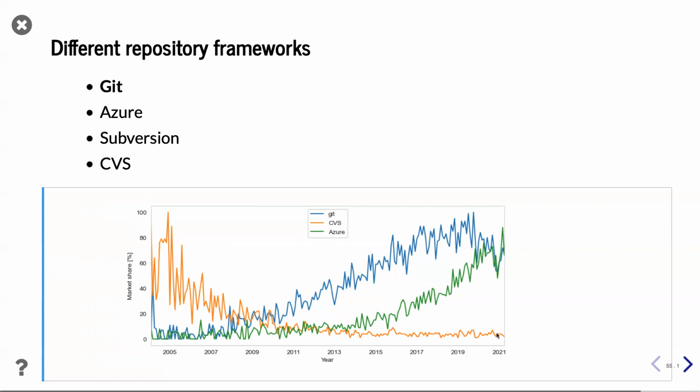And Git, with the open source development, is increasing a lot. Microsoft has increased very much over the recent years. The reason is probably because of the big market share that Microsoft has, and that it's part of the integration in their development system.